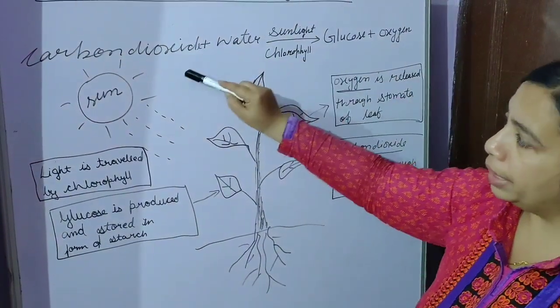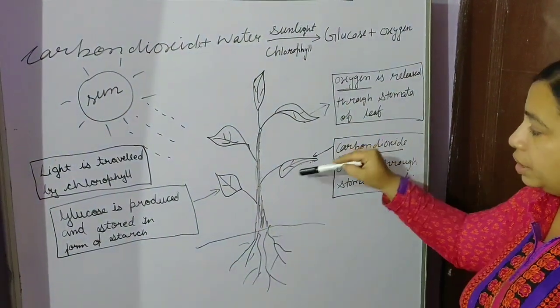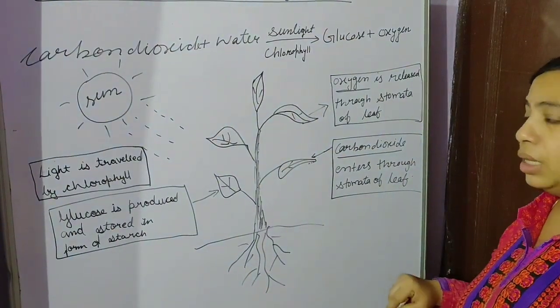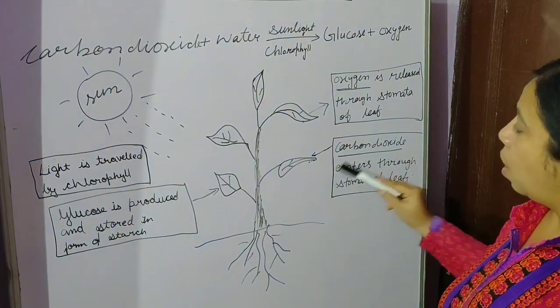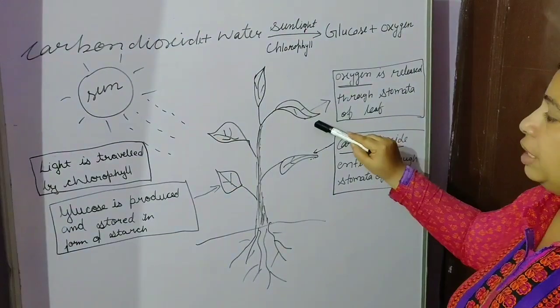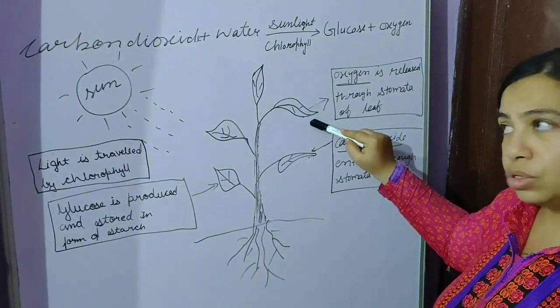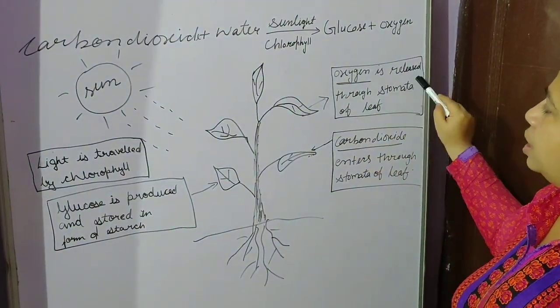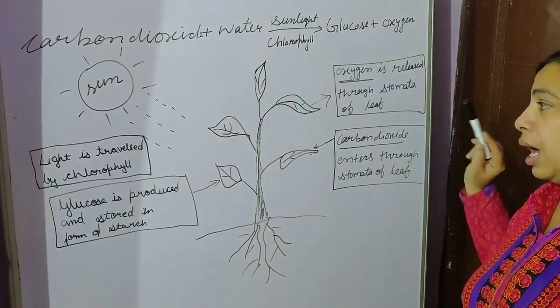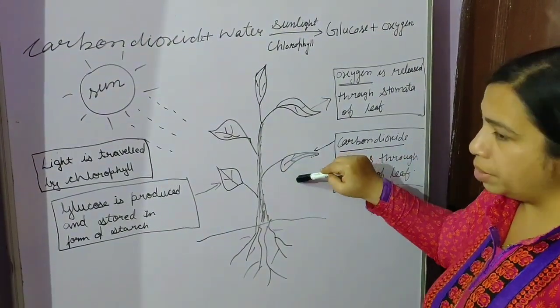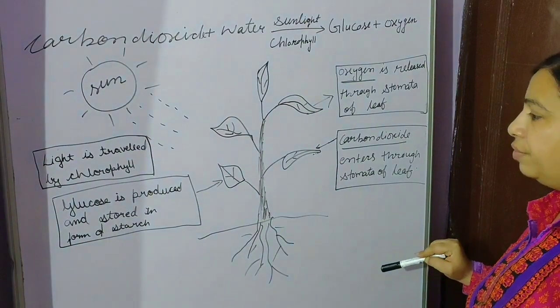The way carbon dioxide moves inside the leaves through the stomata, in the same way oxygen will come out from the leaves through the stomata. So oxygen is released through the stomata of the leaf and carbon dioxide enters through the stomata into the leaves.